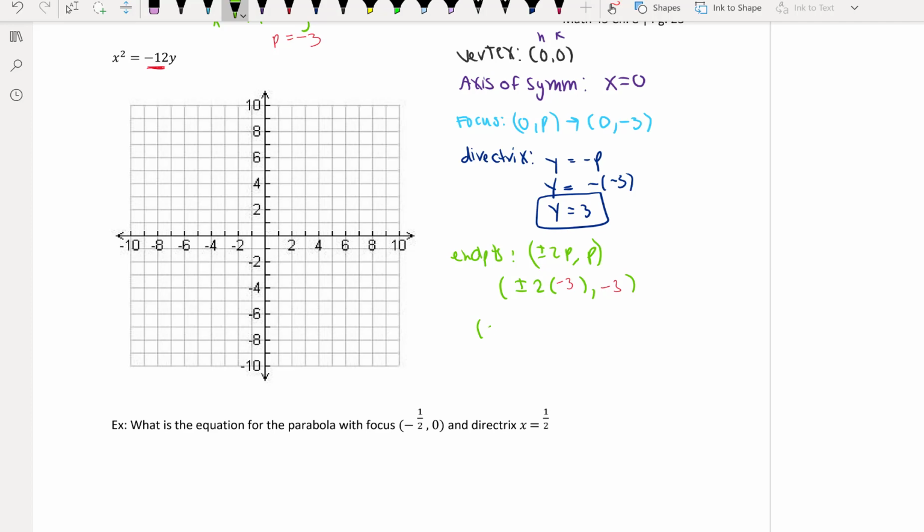So 2 times my negative 3, comma, negative 3 gives me negative 6, comma negative 3. Forgot to make that negative, didn't I? There we go. And then I also have negative 2 times negative 3, which gives me a positive 6, negative 3.